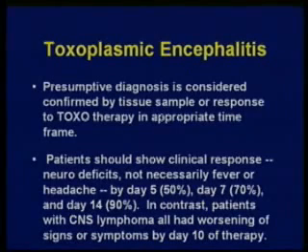By day 7, 70% have gotten better. And certainly by day 14, 90% of people have gotten better. In contrast, patients with CNS lymphoma all had worsening of signs or symptoms by day 10. So it might take longer to diagnose toxo, but you treat presumptively. And by day 2, day 3, the patient should be improving. If they're not improving, you have to think it's a lymphoma, all right?